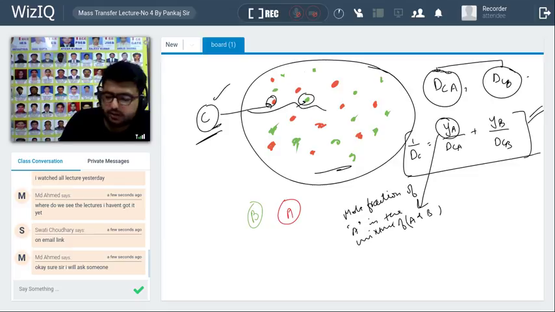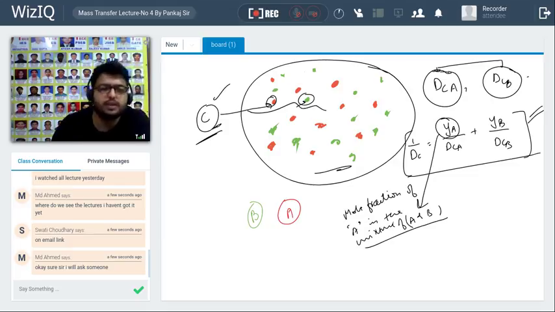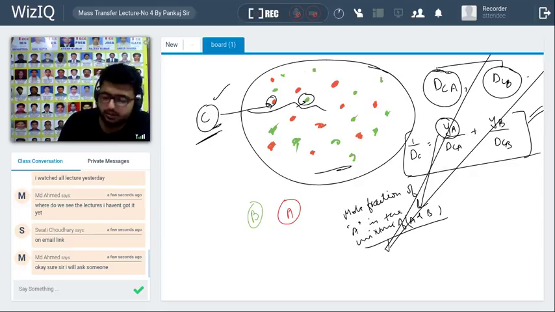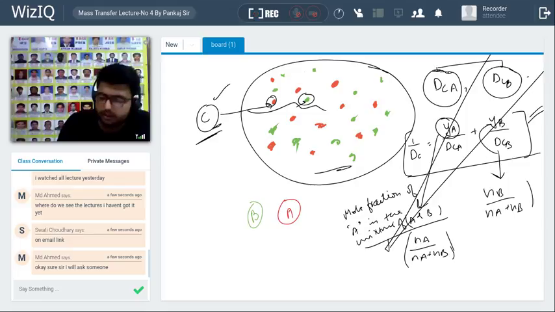C is a foreign substance, so we'll take only the mixture through which the passing is going on, not including the C. That is, it is equal to Na upon Na plus Nb. It doesn't include C. Similarly, YB is again Nb upon Na plus Nb. It doesn't include C. Got it?